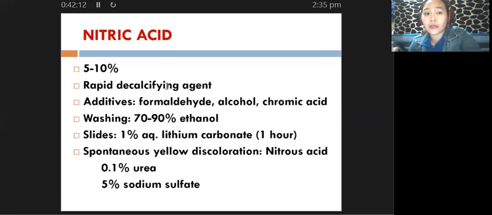One characteristic of your nitric acid that we have to consider is that it is a rapid decalcifying agent. For rapid decalcifying agents, one disadvantage is that although they are rapid, there is a probability that nuclear staining will be inhibited. And since this is a rapid decalcifying agent, it is also injurious to your tissue samples.